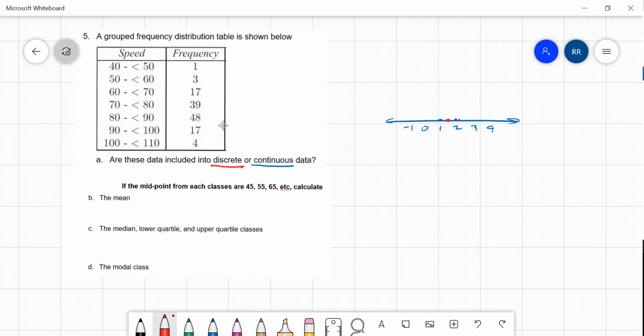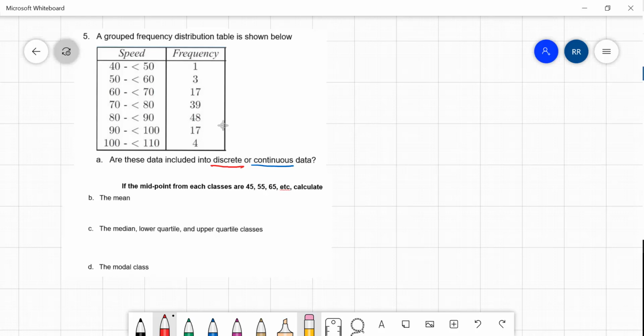And as you can see here, guys, in the table, the speed is from 40 until 50, less than 50, right? So which means that speed can be represented as a fraction, and can also be represented by decimals, right? Like what's your speed? Like 40.5 kilometers per hour, and so on, right? You can have these decimal numbers.